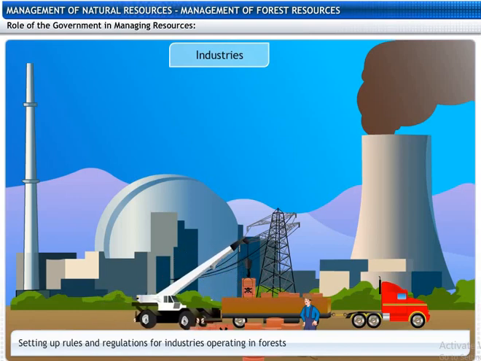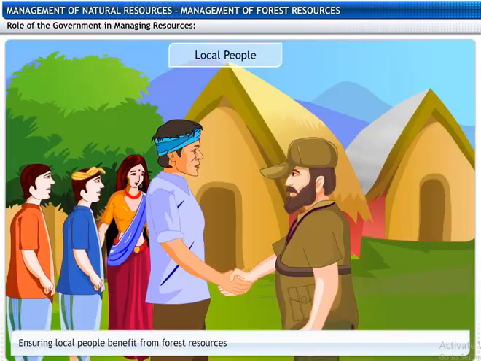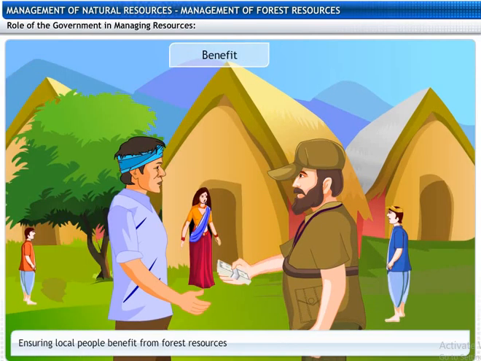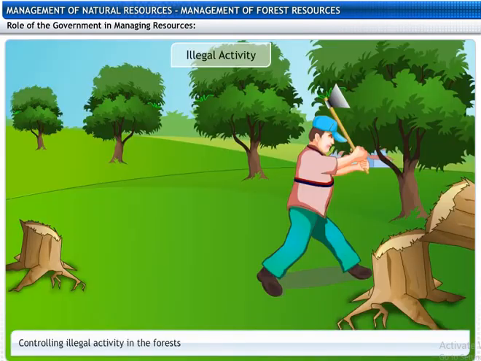It has to ensure that local people are not marginalized, that they also benefit from available resources. The government has to ensure that illegal activity in forests is controlled, so that the resources do not fall into the wrong hands.